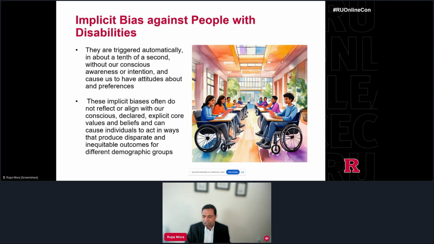Implicit bias is triggered so fast, without any conscious involvement, in about 1/10 of a second, and it can influence our thoughts, our behavior, our attitudes, all kinds of things, contrary to what we rationally believe. That is something we need to think about as designers, and implicit bias is very much prevalent in our society.